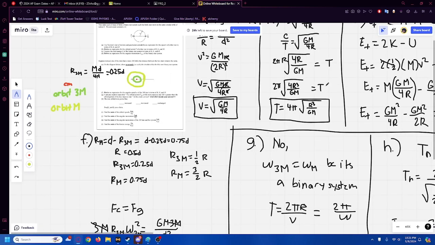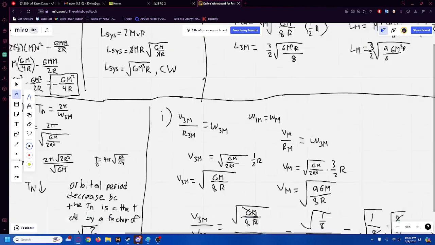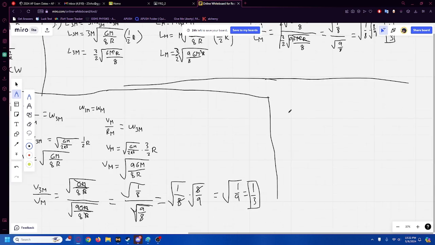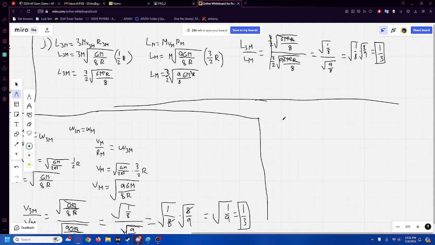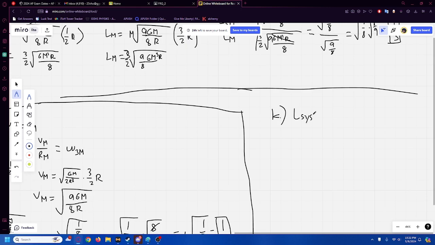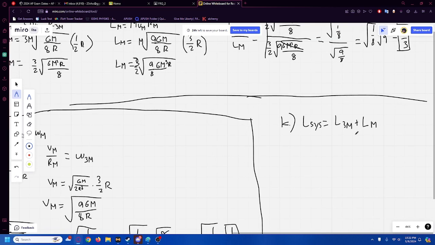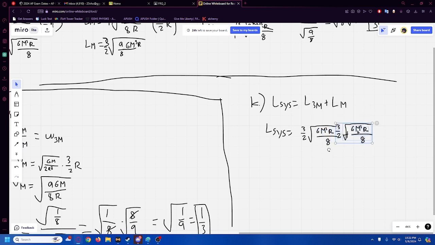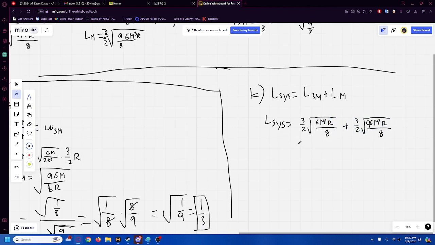Part K is asking for angular momentum for L_3m over L_system. So L_system is equal to L_3m plus L_m. This is the same thing as 3 over 2 √(GMR³).